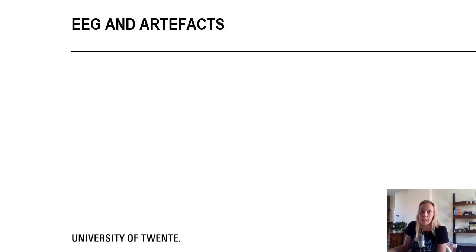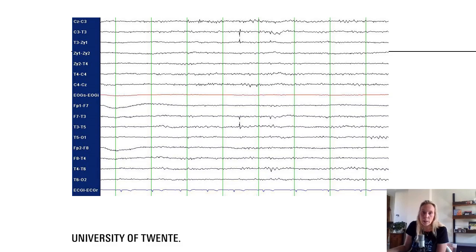Okay, of course in the EEG we also have a lot of hindrance from artifacts. How do artifacts look like? Here you see again a recording of the EEG over these signals, and here again you see the electrocardiogram being measured, but the rest of them, these are brain signals. Oh, apart from this one, this is EOG, electrooculogram.